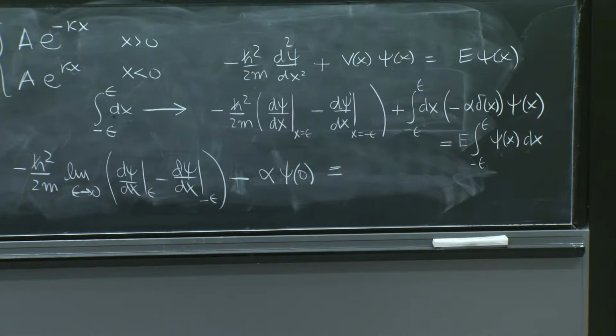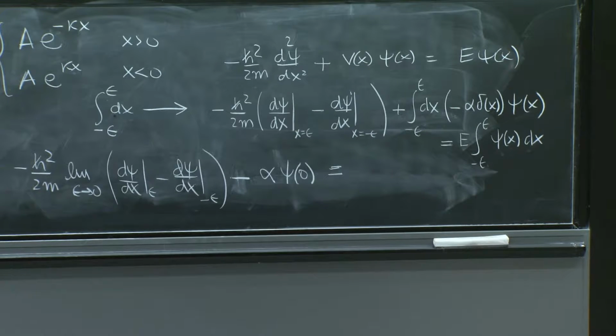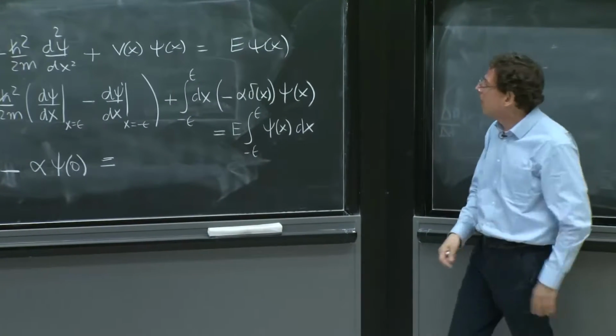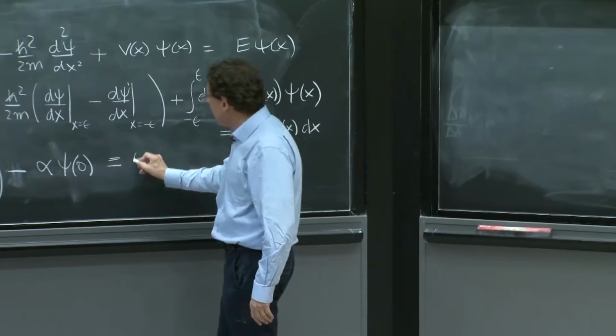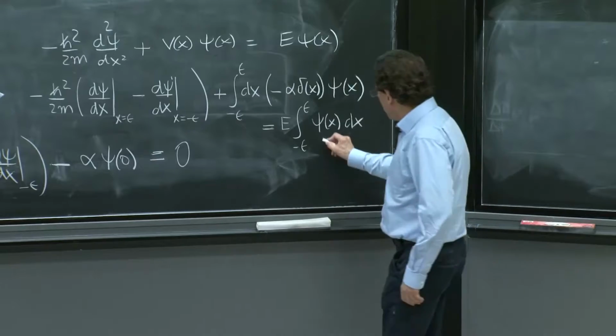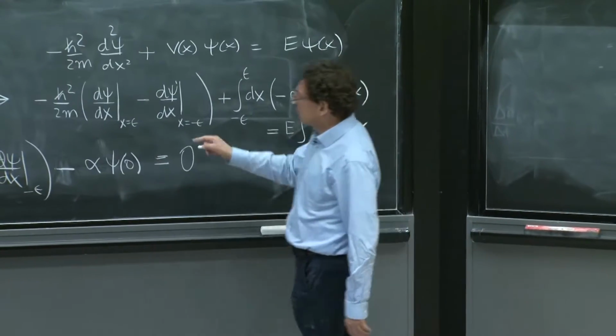Any integral of a function that doesn't diverge as the limits of integration go to 0, the area under the function is 0. So this is 0, the limit. And this thing goes to 0. So we put a 0 here.